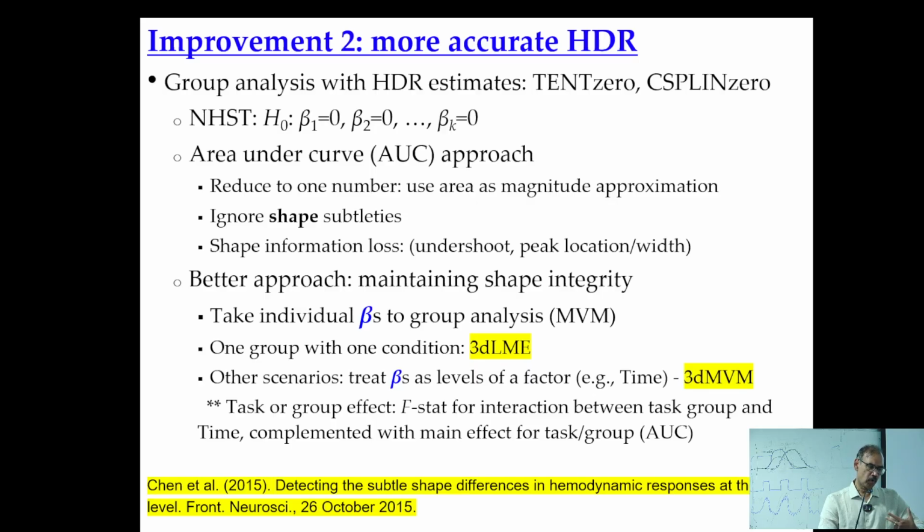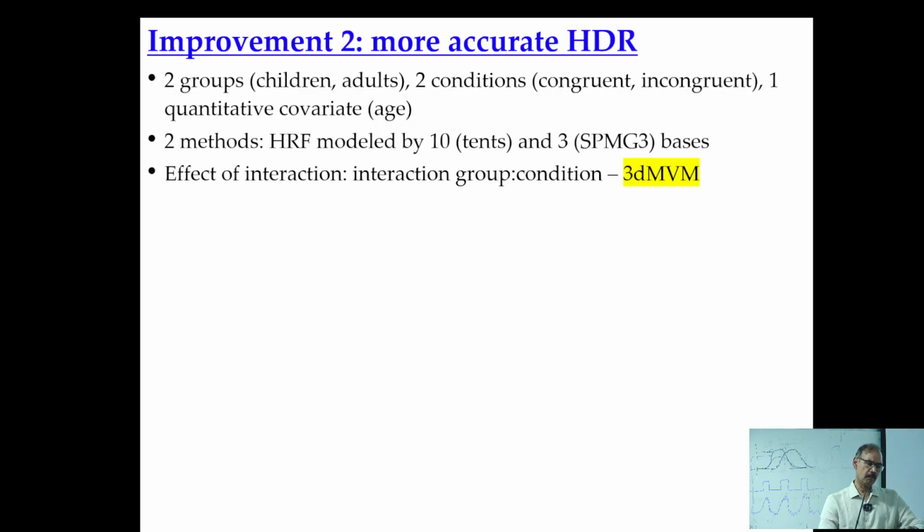For complex modeling like this, where you have, let's say, two groups, children and adults, or a healthy and a diseased patient population, in those kinds of analysis we typically use multivariable methods.